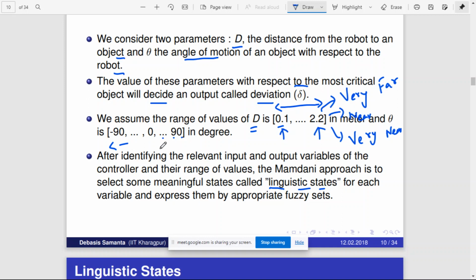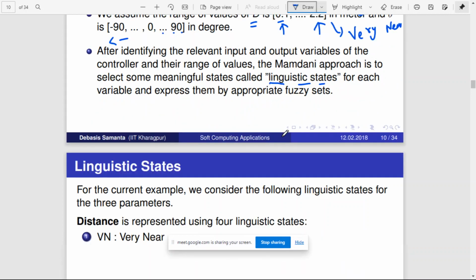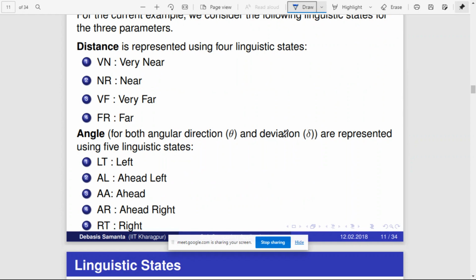So the Mamdani approach is to select some meaningful states called linguistic states. All these things will be represented using linguistic states. So here are the linguistic states for distance. Distance is represented through these linguistic states.